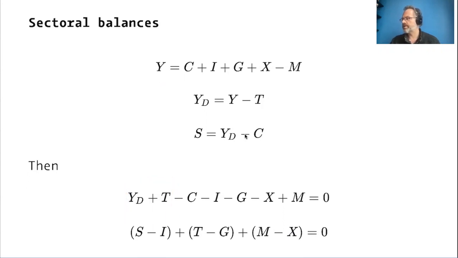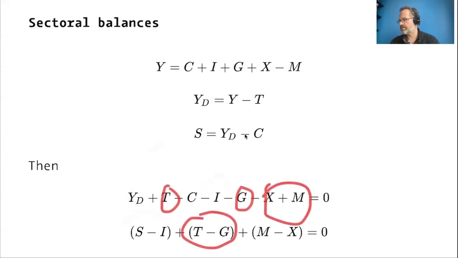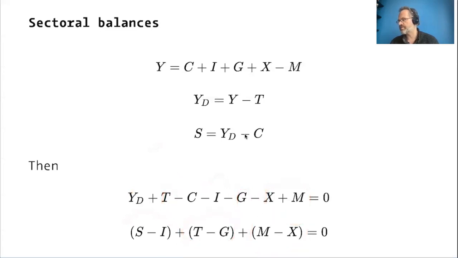And then we'll subtract all the stuff from the right-hand side, and then we'll just regroup these things. We'll combine, so this here is S, that's S. So we'll combine these two into S and then we'll group them with I. So that gives us this thing here. Then we'll group T with G. So that gives us this term. And then we'll leave X and M by themselves, except we'll flip the order and that gives us this term.